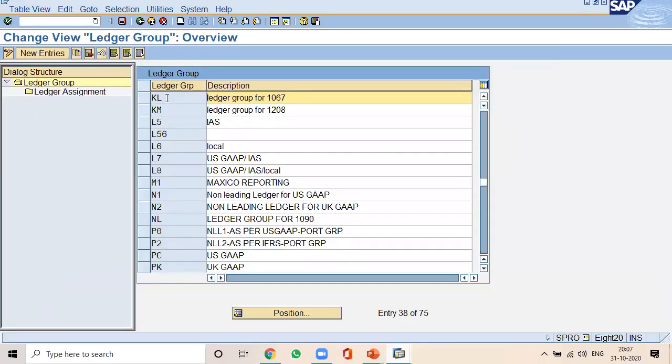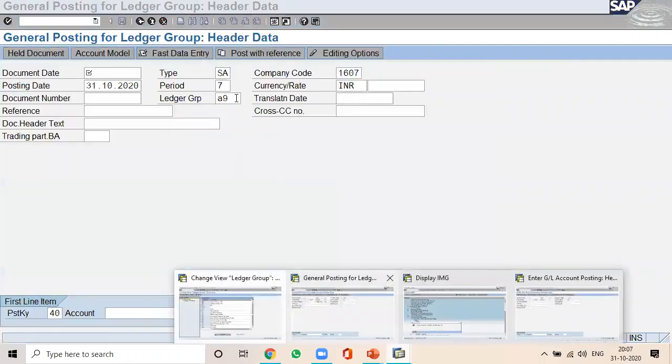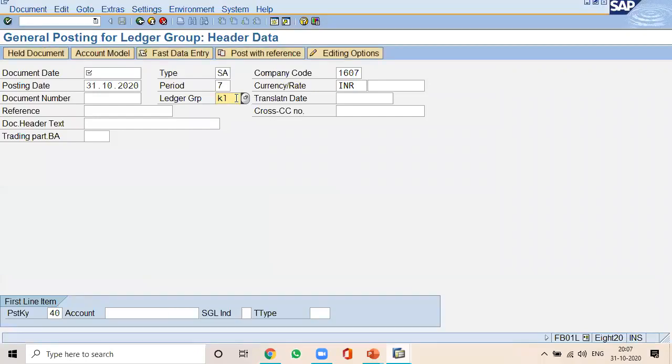Let us assume you have assigned the A9 ledger to the KL ledger group also. In that case, if you enter A9 KL, then the system will update 4 ledgers: 0L, A1, A2, A9. So in the case of ledger groups, if you don't assign any ledger group, the system will update the leading ledger and all the non-leading ledgers assigned to that company code. Then in every non-leading ledger and leading ledger, the system physically creates one document.